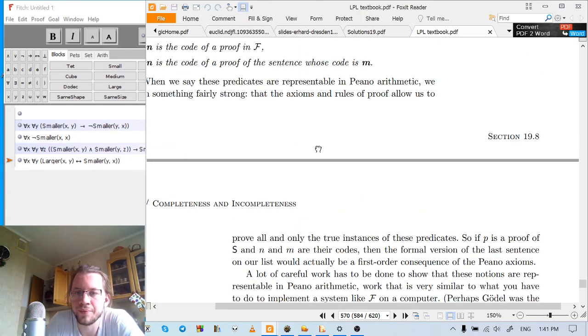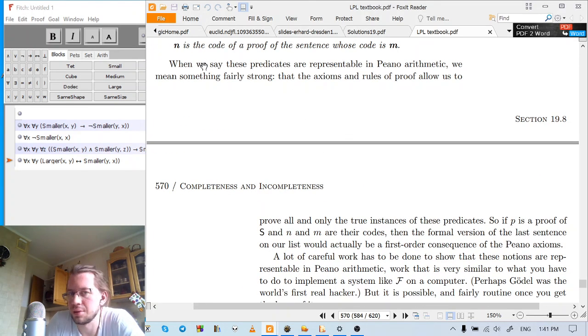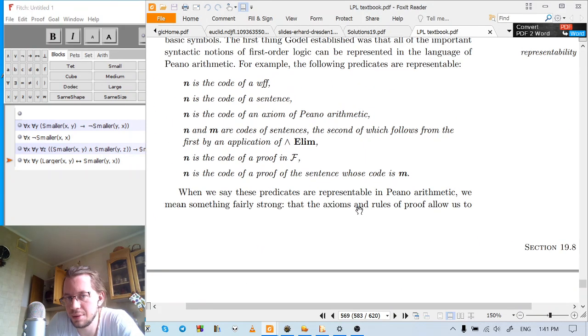So let's stick to what it does. We asserted the predicates are representable in Peano arithmetic. Those predicates.